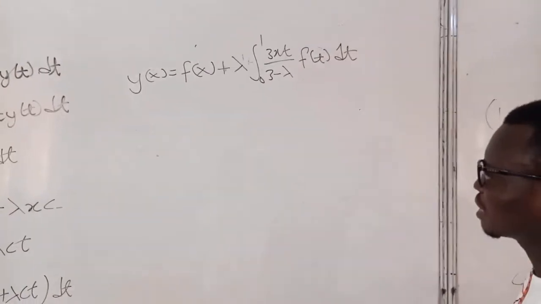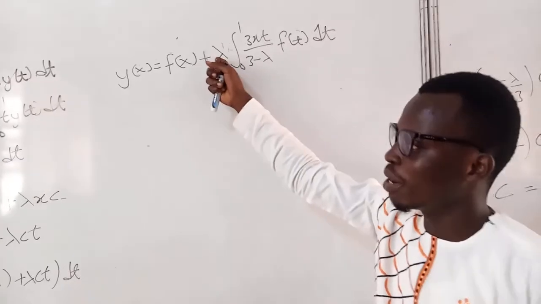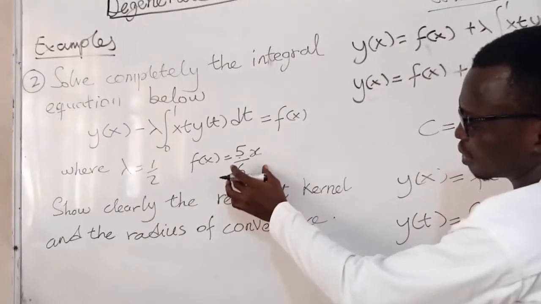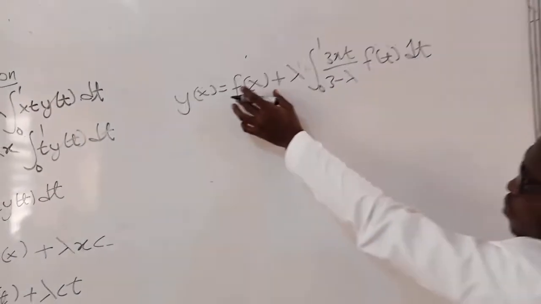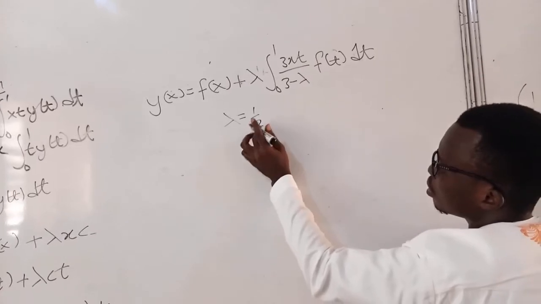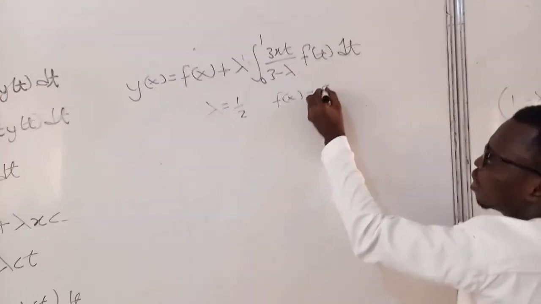We are given the free term, which is known, and lambda, the parameter, is also known in the question. Lambda is given as 1 over 2, and the free term f of s is given as 5 over 6 s.